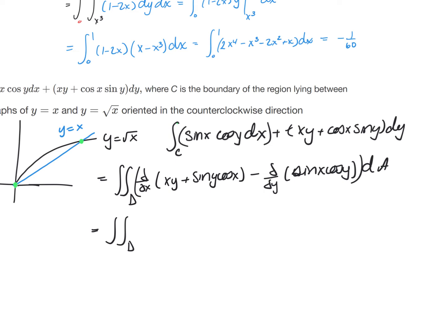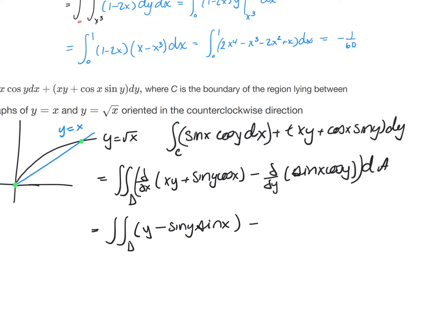So let's do our partials now. I'm going to have y plus the sine of y. Oop, it's going to be a negative, so I need to change this to a minus. So minus the sine of x.